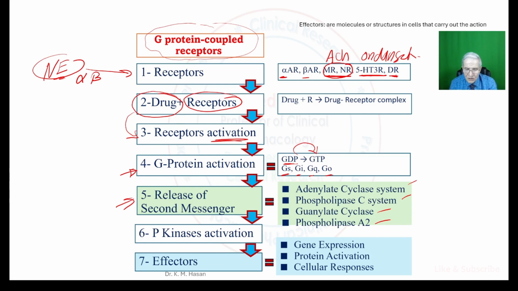The second messenger will activate protein kinase. Again, for protein kinase, we have protein kinase A, and then we have protein kinase C here. So when you activate protein kinase, this will affect the organs, the tissues, the cells through gene expression. For example, when you talk about cortisone, or androgen, or estrogen.